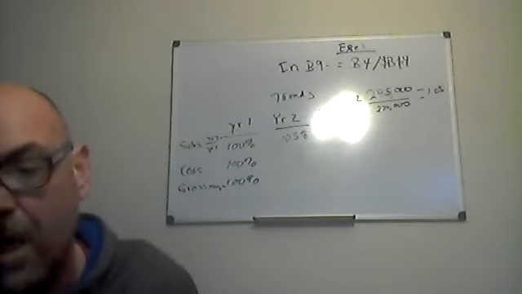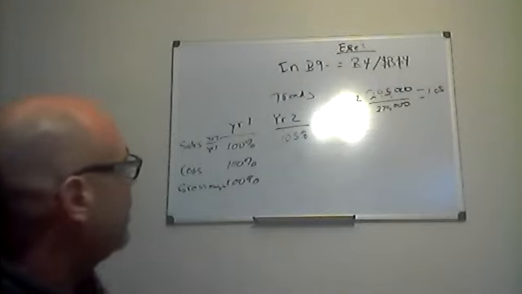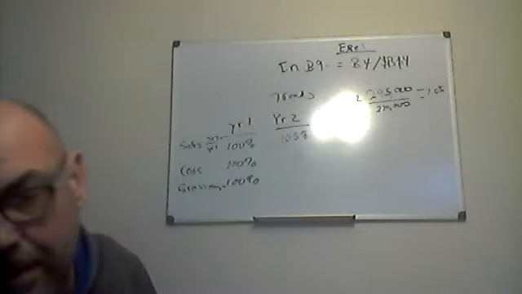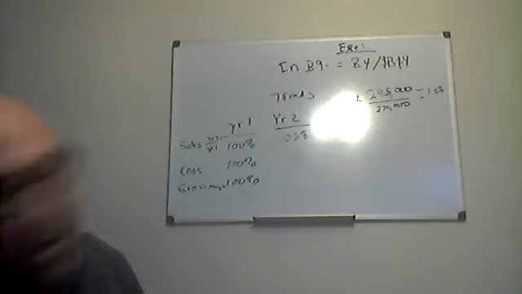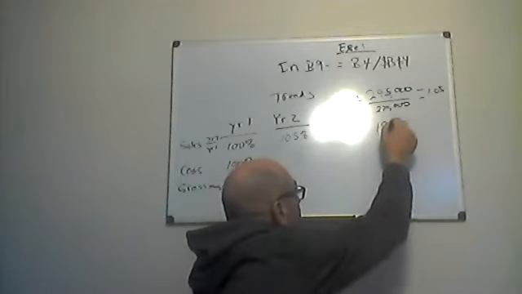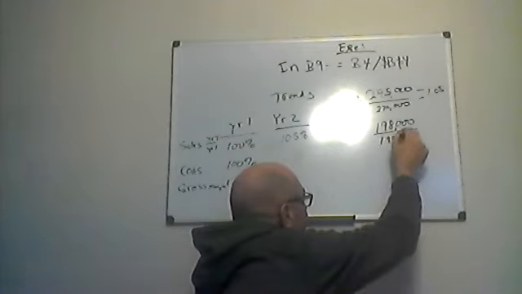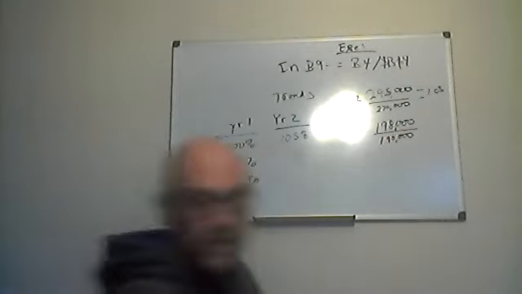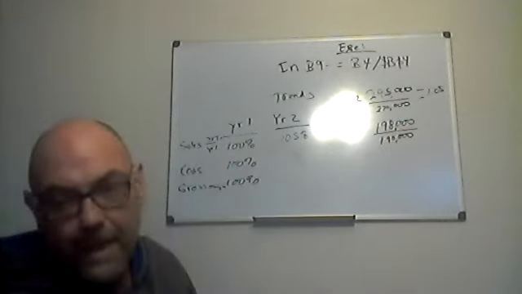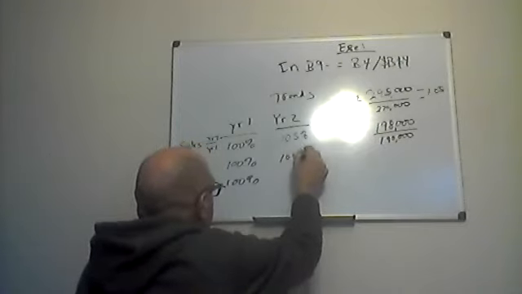Okay, for our cost of goods sold. Again, 100% year one. When we get to year two, we take year two, which was 198, and we divide it by the 190,000. We do that, we get cost of goods sold at 104%.